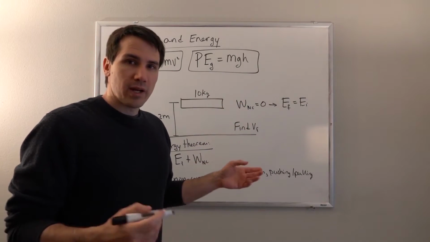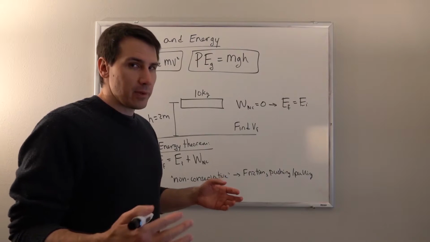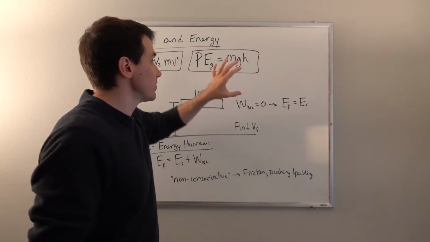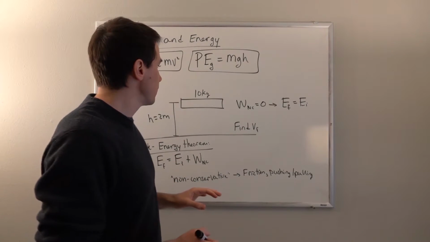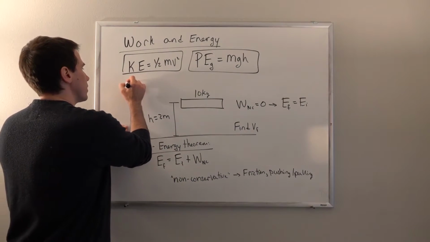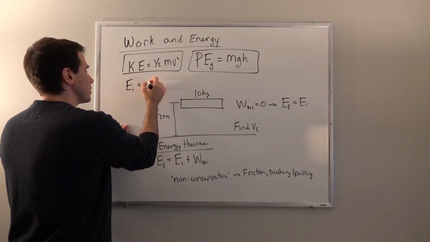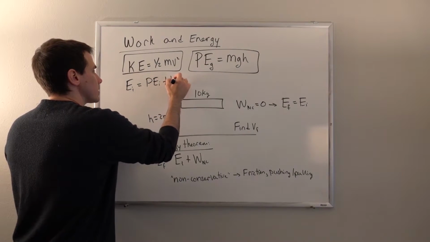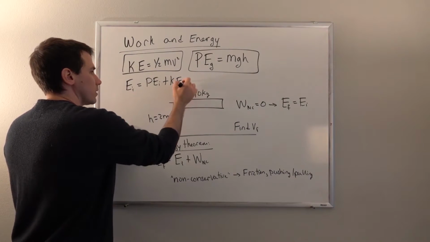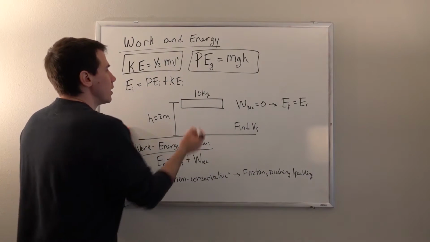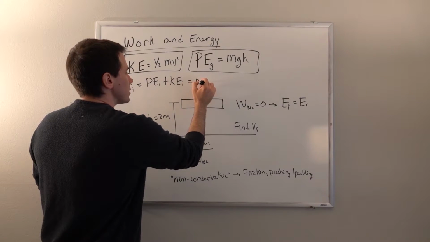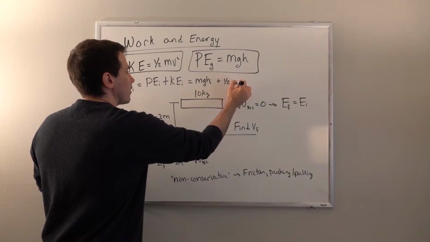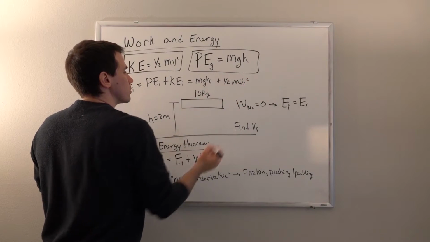To start with, whenever we're doing an energy problem, the thing we want to do is write down our initial energy in terms of types of energy that we have. So we will start by writing energy initial equals the initial potential energy plus the initial kinetic energy. So that is just mgh initial plus 1/2 m v initial squared.